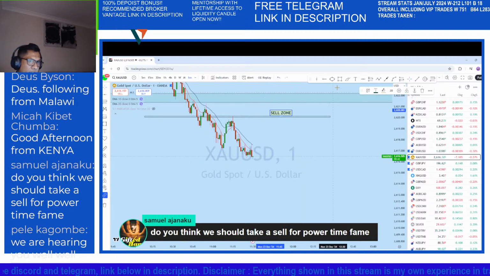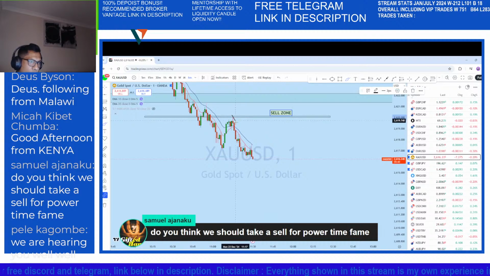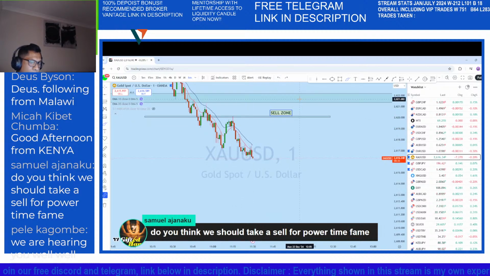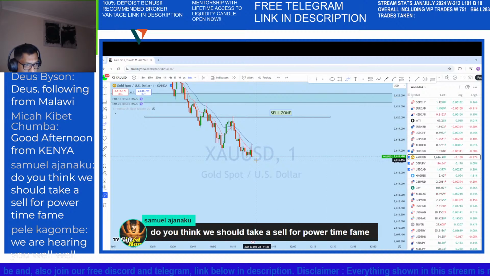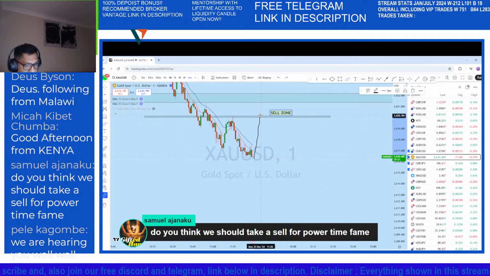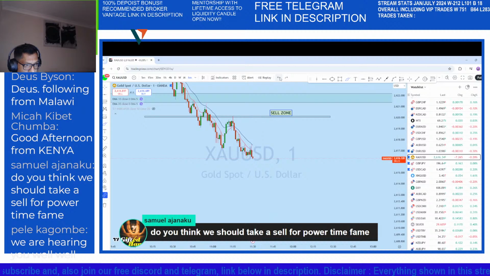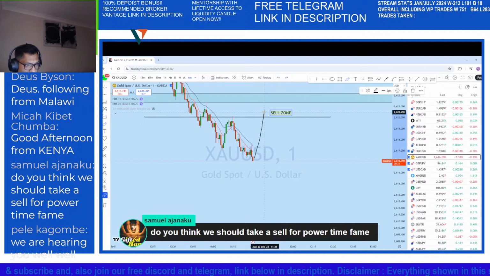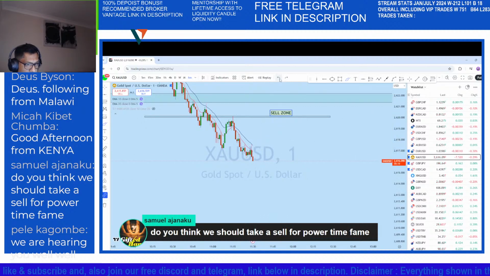You can see this drop here, expecting it to bounce back up. Expecting it to bounce back up to the resistance and then drop back down here, though we can see the downtrend.